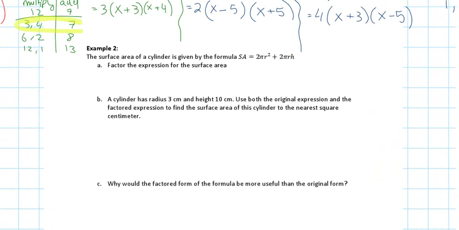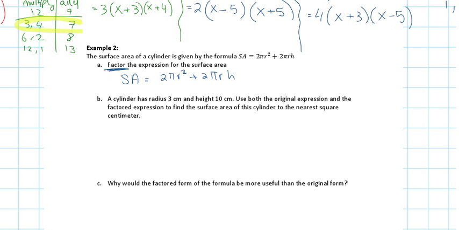They're asking you to factor the expression. So if I have this right here, which is SA, this should not say expression, it should say the formula. So if you have SA equals 2 pi r squared plus 2 pi r h, and you need to factor, what's the first thing you want to think about?